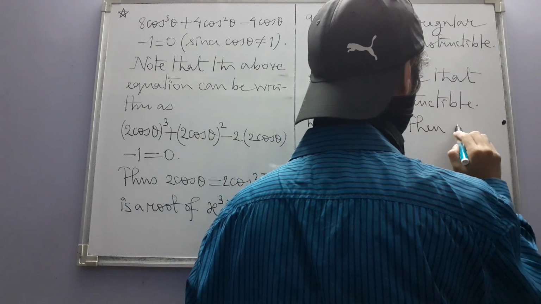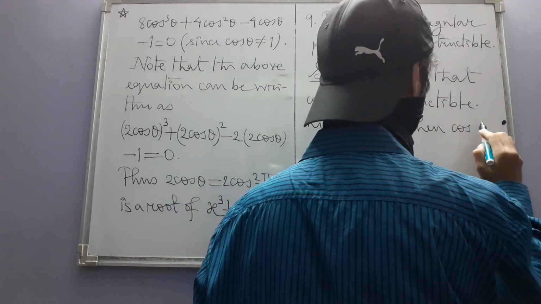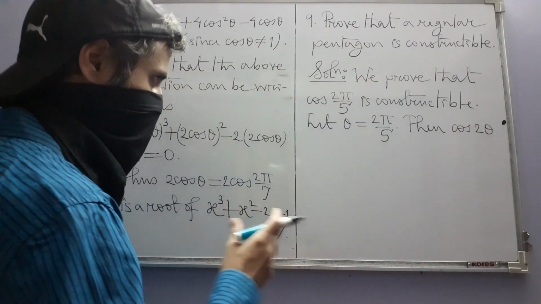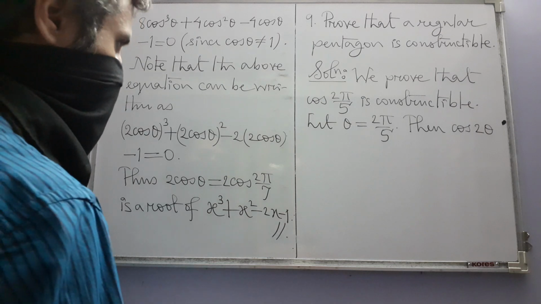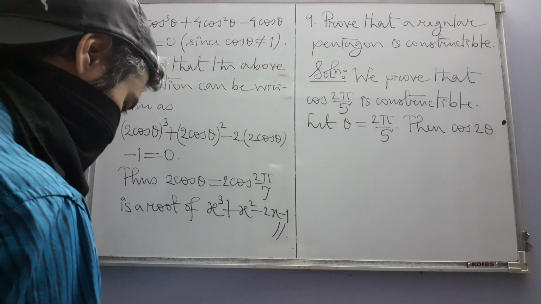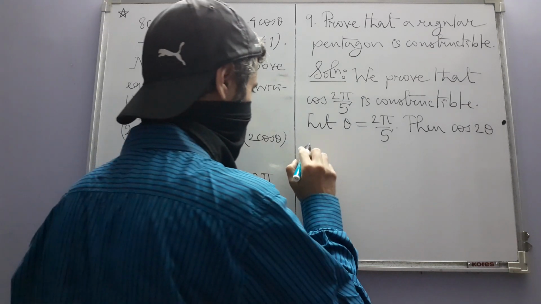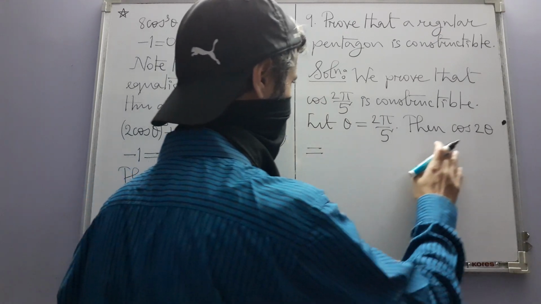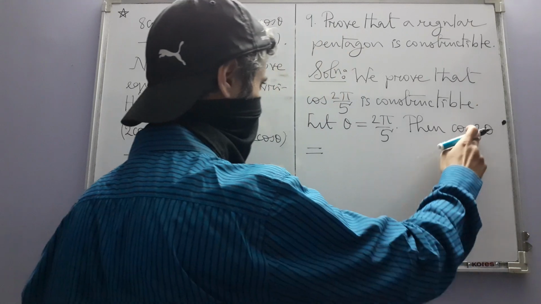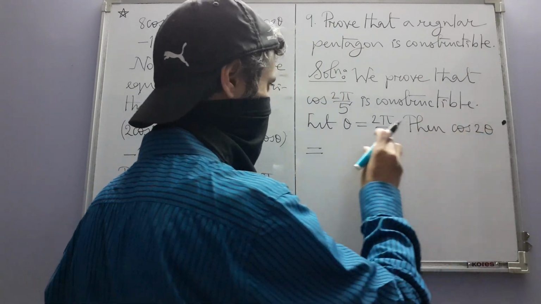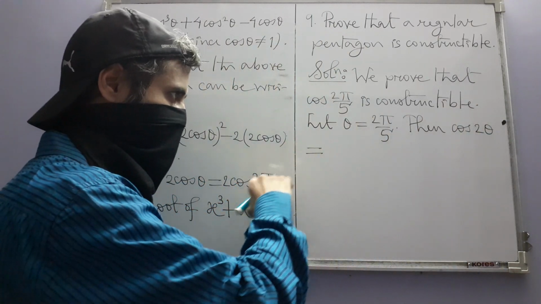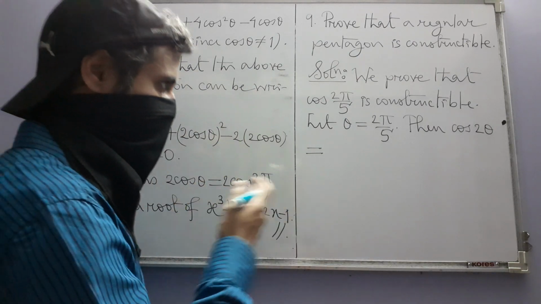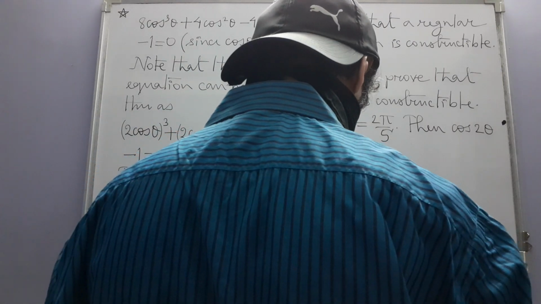Then cos 2 theta, because this approach will automatically give you the polynomial. There is one catch though. You won't really realize in the beginning what to keep, how much of theta to keep on this side and how much should be transferred to the other side, but with trial and error you will figure it out.